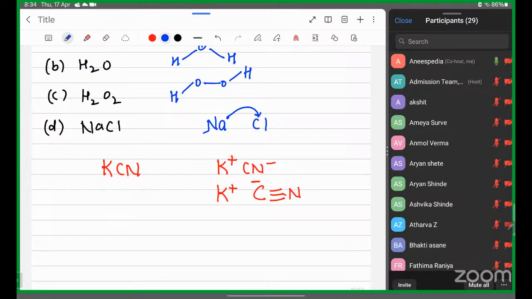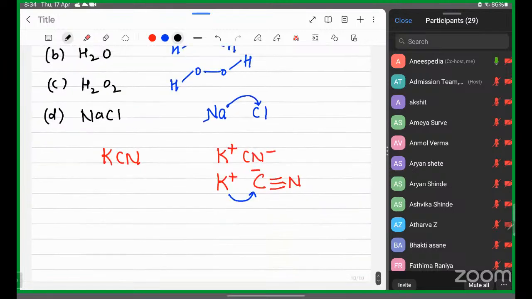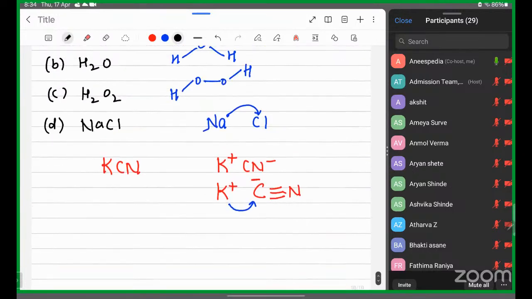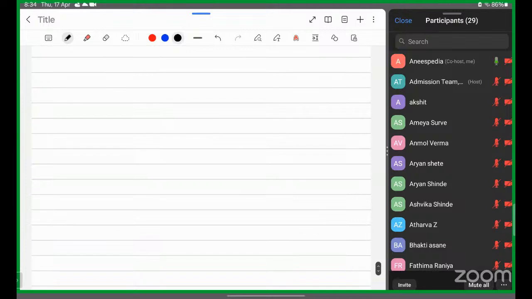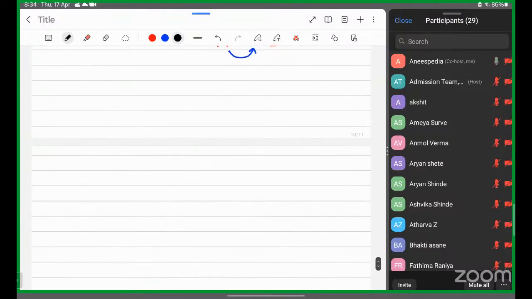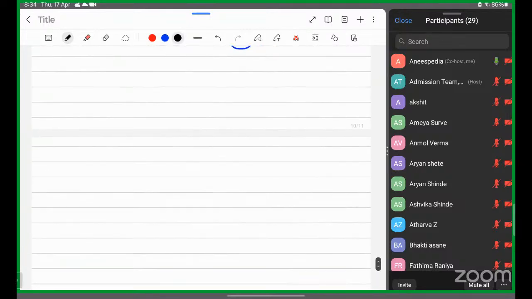So there is ionic interaction between K and C, and covalent interaction between carbon and nitrogen. So KCN is the molecule which has both types of bonds, covalent bonds as well as ionic bonds. Yes? Any doubt?